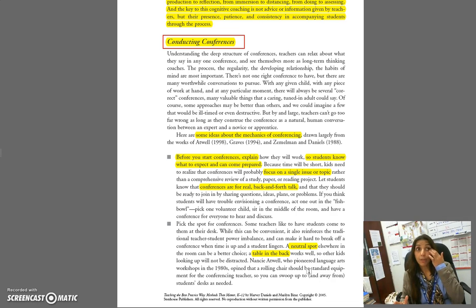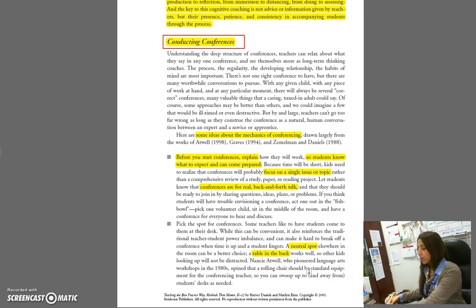It can be monotonous, it can be boring, so have a variety. Maybe you can choose the middle of the class, maybe you can have it at the back of the class, or maybe call the student to your table, have them sit next to you, and together take the student's assignment and discuss it with the student.